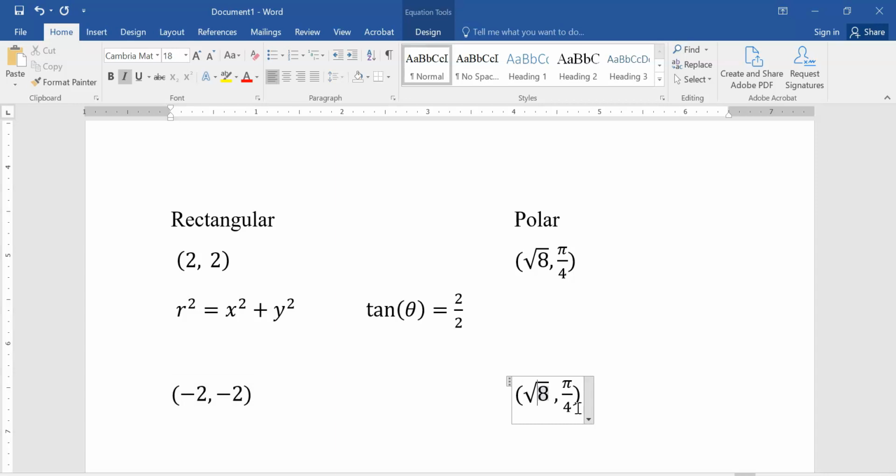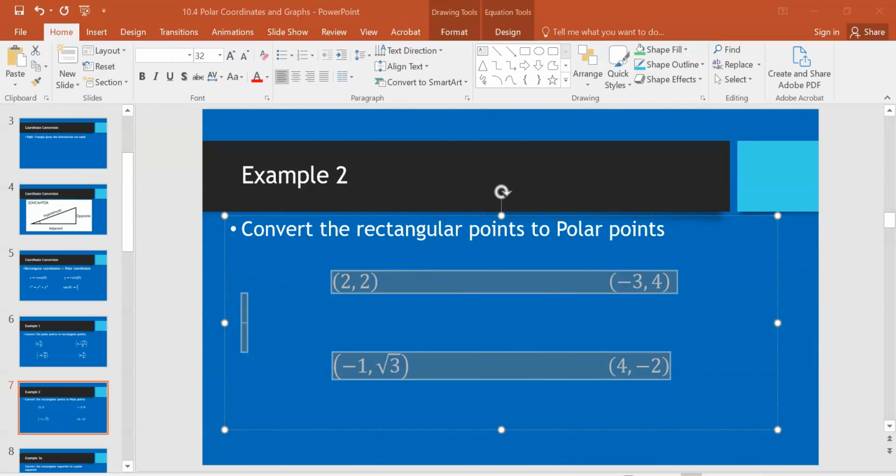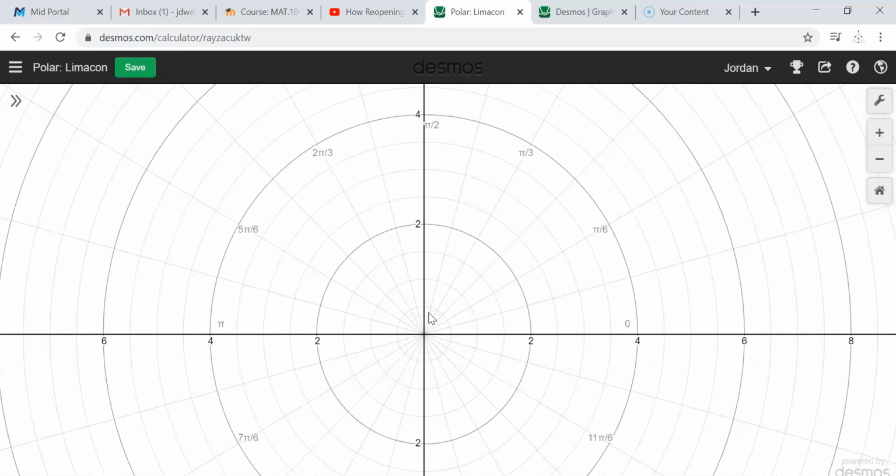Or if you'd rather, you can add pi onto your angle. Let me explain what I'm doing there in short. Let me zoom in a little bit.